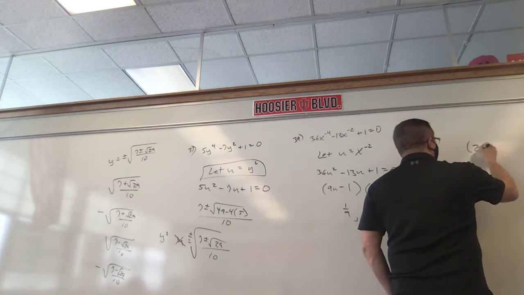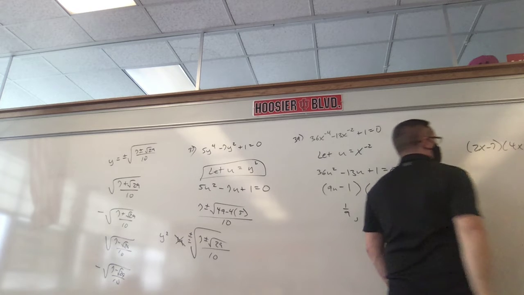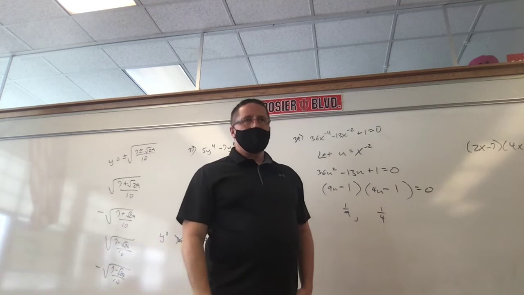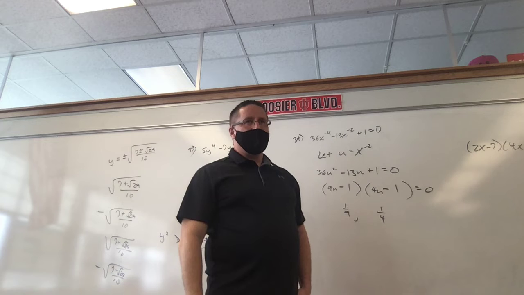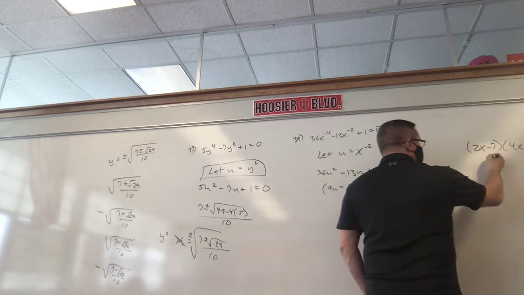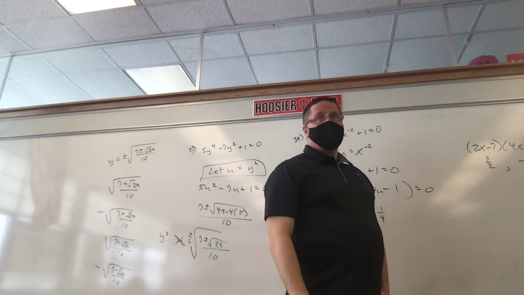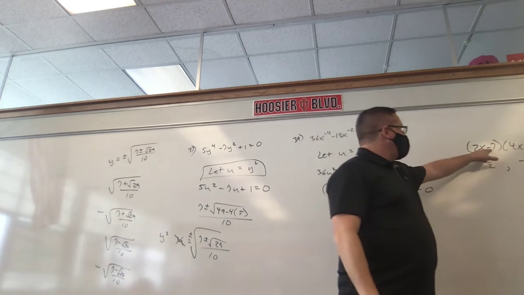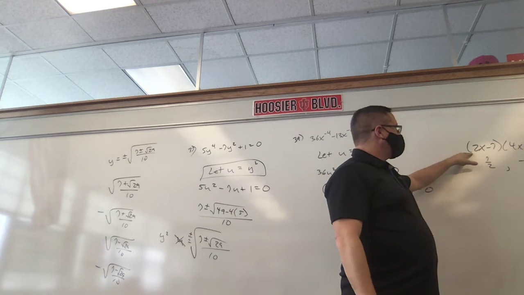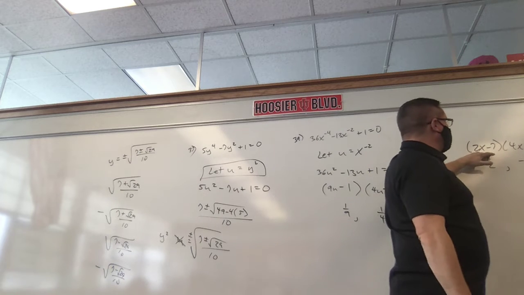If I give you this right here, 2x minus 7 times 4x plus 3 equals 0, you should be able to tell me immediately, without doing any work, what the answers are. 7 over 2, negative 3/4. How do I get these answers? This times this is 0, so either this is 0 or this is 0.